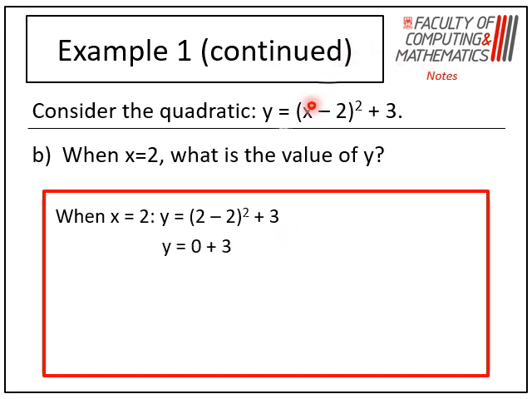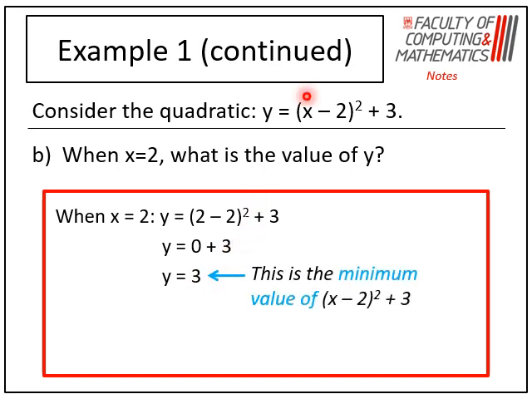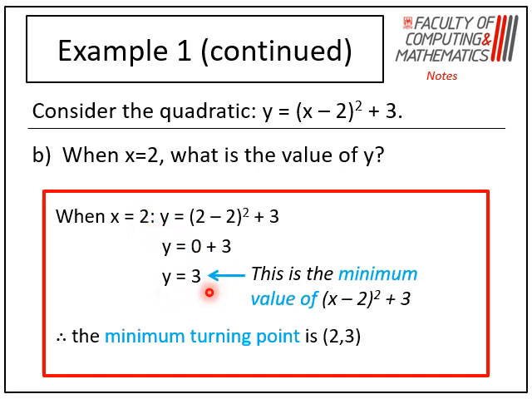We already established that substituting the 2 into the bracket gives you 0. So 2 minus 2 is 0, squared gives you 0, add the 3. Therefore, y has to be equal to 3. That is your minimum value of that quadratic, and as a result, your minimum turning point has to be (2, 3), using x equals 2 and y equals 3, put into coordinate form.